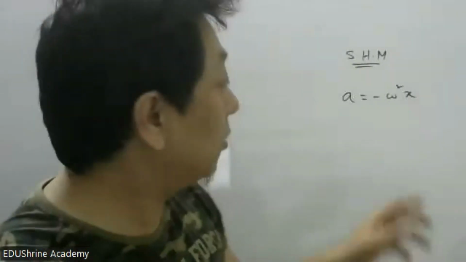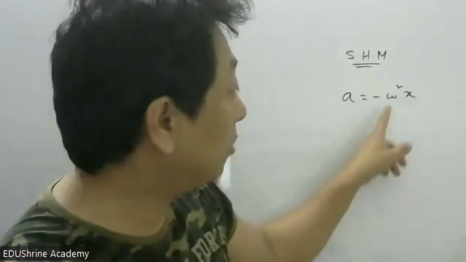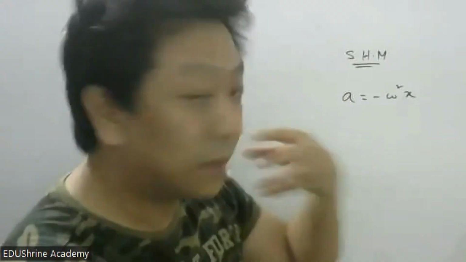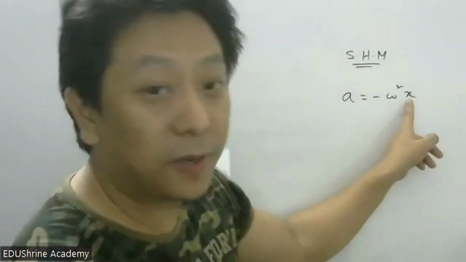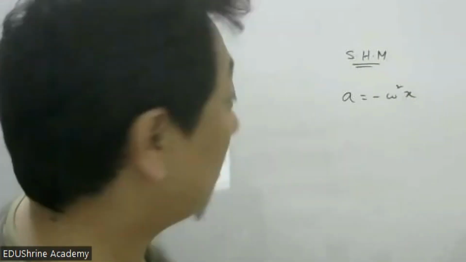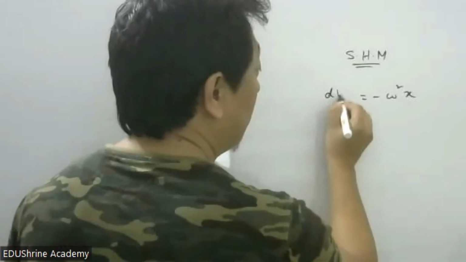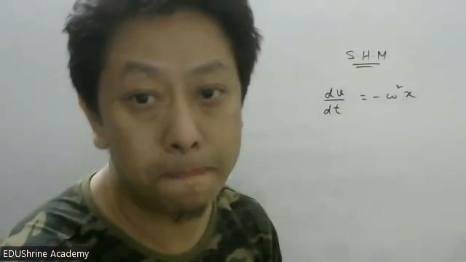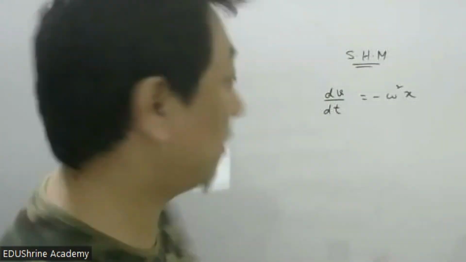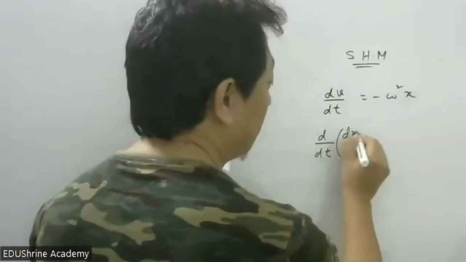So we know that if a variable x is oscillating with some angular frequency omega, then this is the relation between acceleration and displacement of that particle. Now, acceleration, how we can write? dv by dt. Agree? Yes, sir. And v, how we can write? dx by dt.